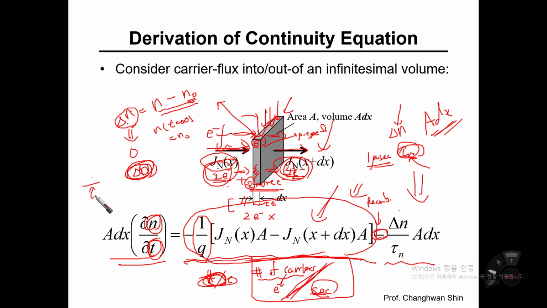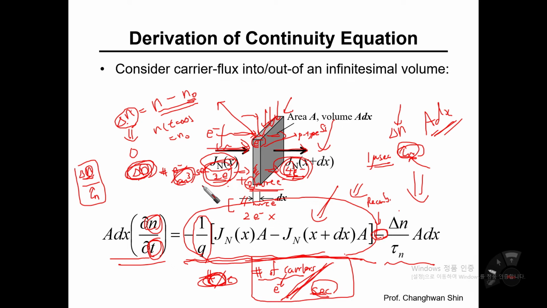So delta n over tau sub n. This physical quantity would give us the number of carriers per second. But herein, this delta n indicates the number of electrons per cubic centimeter, so we should take care of this volume.